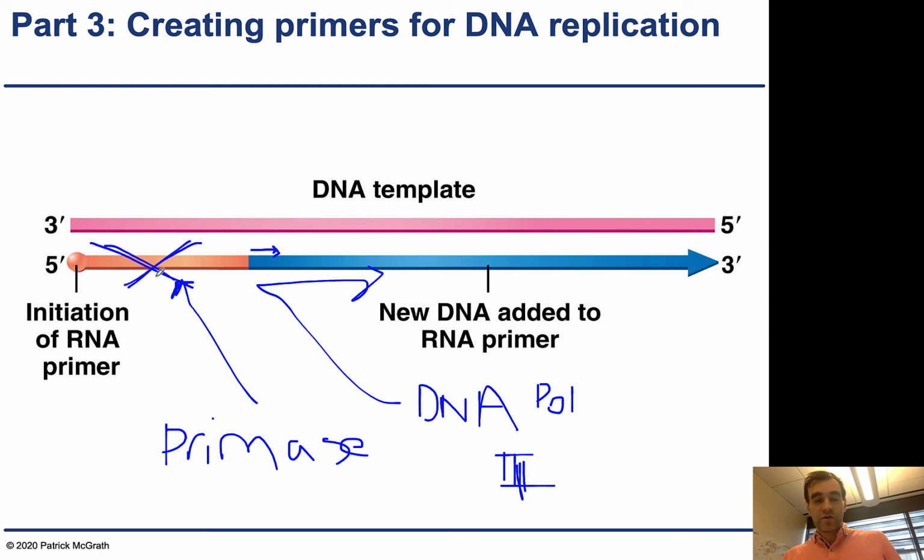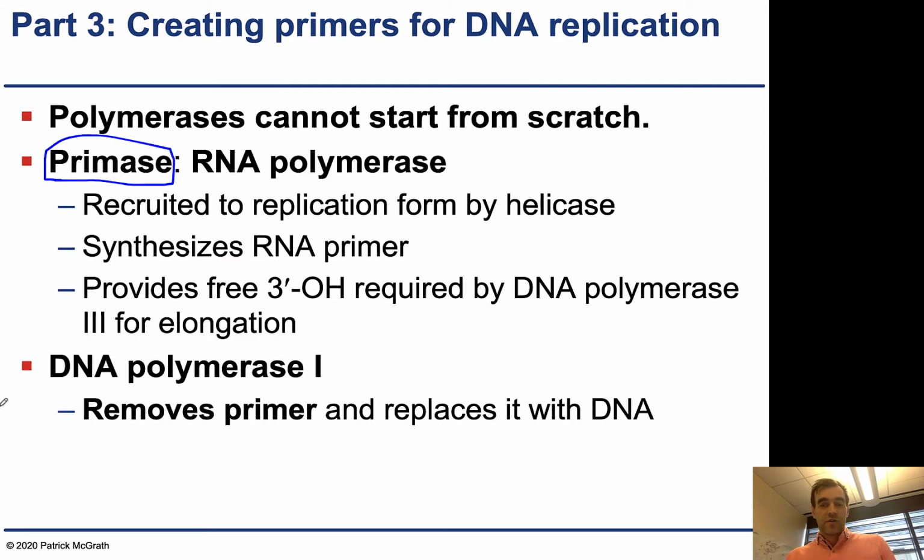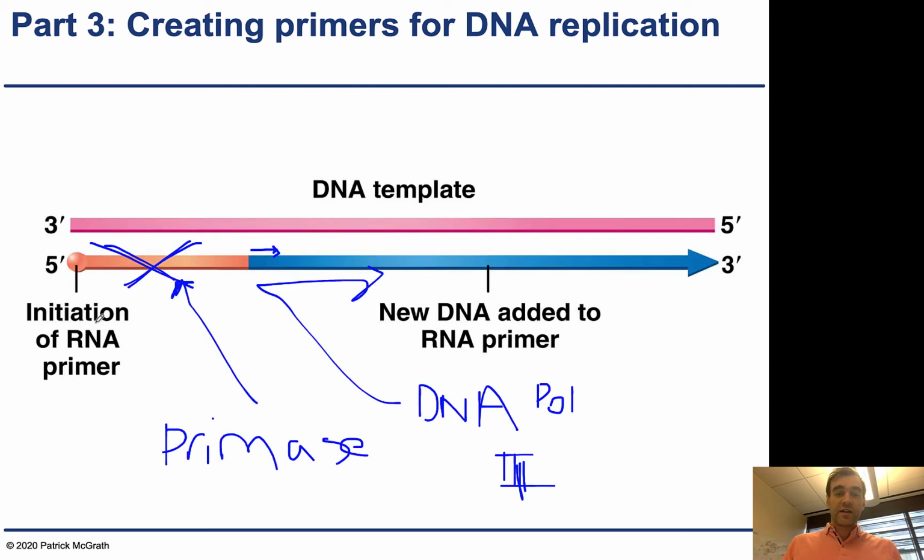So what we want to do is remove the RNA and turn it into DNA. And this is what DNA polymerase I does. Its job is not to be the main source of replication. Its job is just to remove the RNA primer and replace it with DNA. So once it has this to start from, it's able to both degrade and remove it, and so in the end, you're just going to be left with DNA.